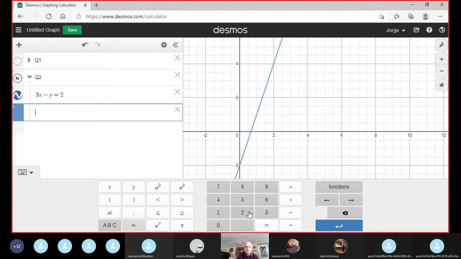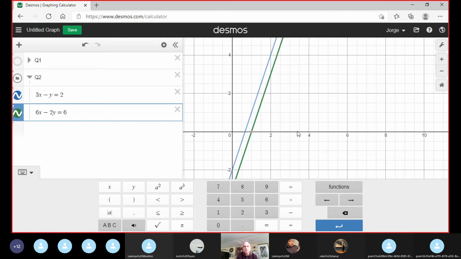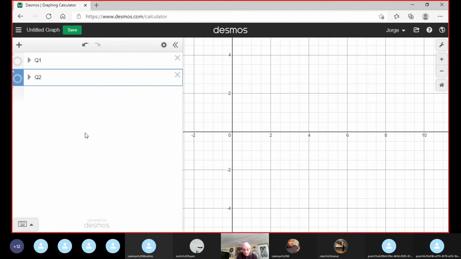And the second line is 6x minus 2y equal 6. Boom. What do you think about these lines? They are parallel lines. And when they are parallel, we have no solution because the lines never intersect. These lines never meet. Do you understand this idea? Yes. This is the thing I tried to illustrate.